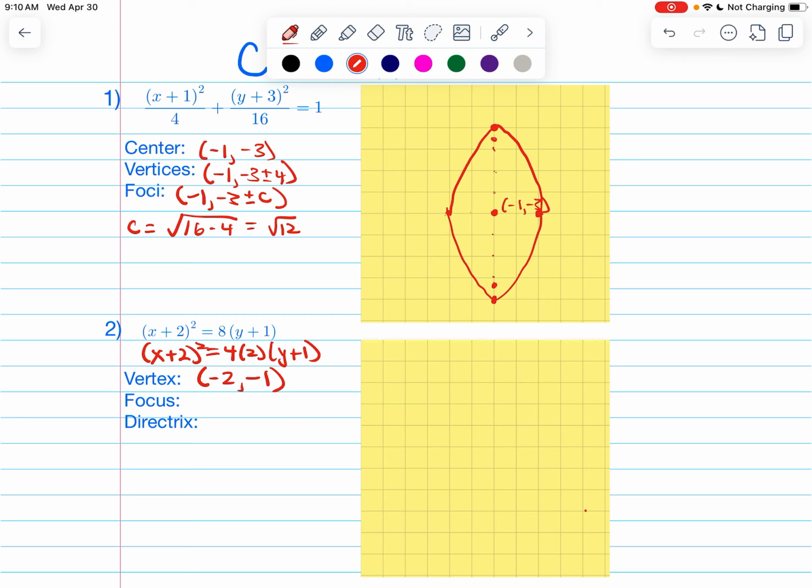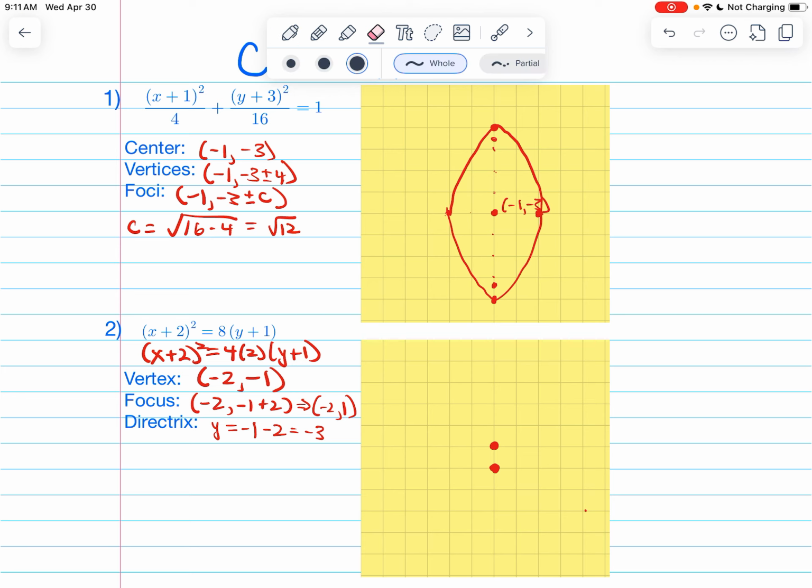So we've got -2, -1, I'll just put it right there. The focus then is going to be -2, -1, plus 2. That means -2, 1. So I go up 1. There's my focus right there. My directrix, I'm going to say, is y equals -1 minus 2, which would be -3.